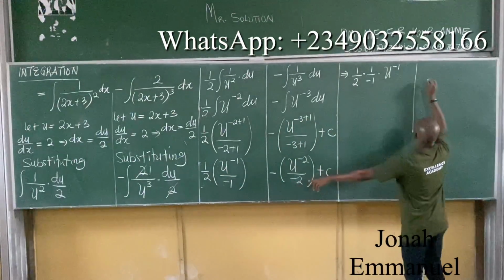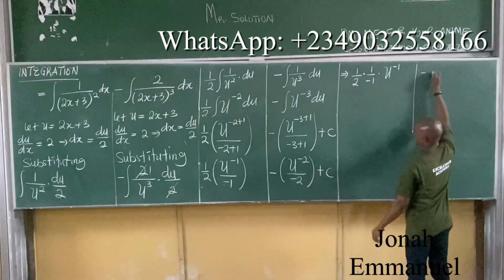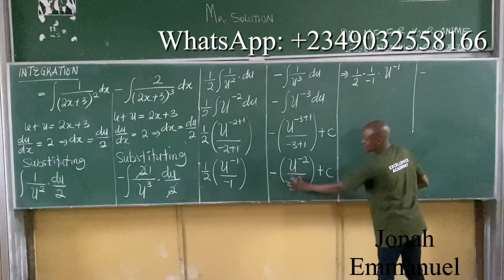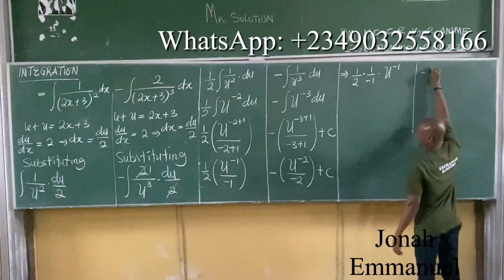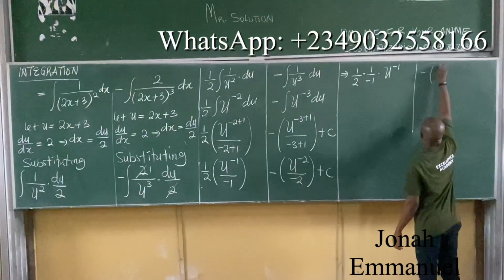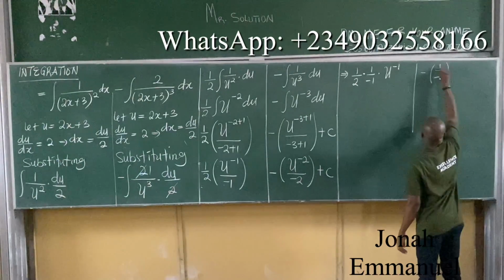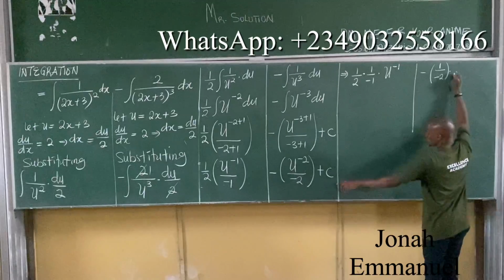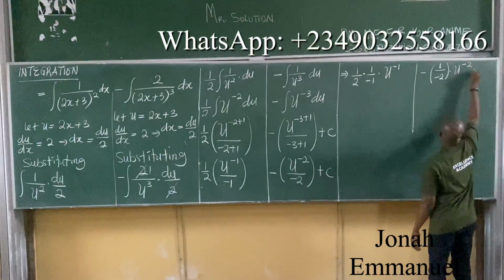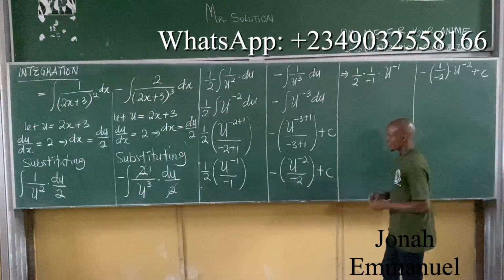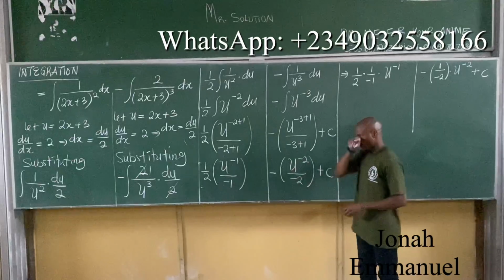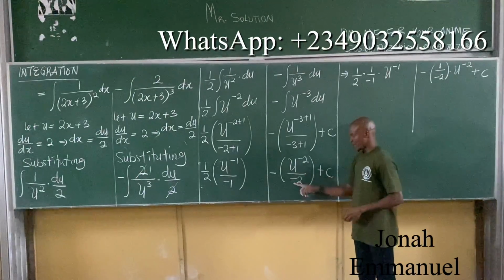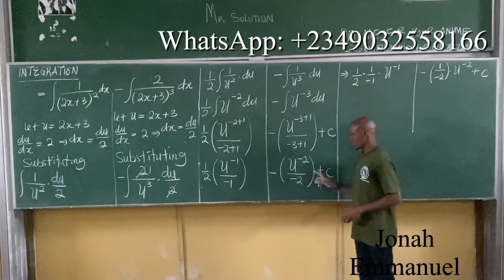Same case here: minus, separate 1 over minus 2, into u to the power minus 2, plus c. So I'm just separating these from u.